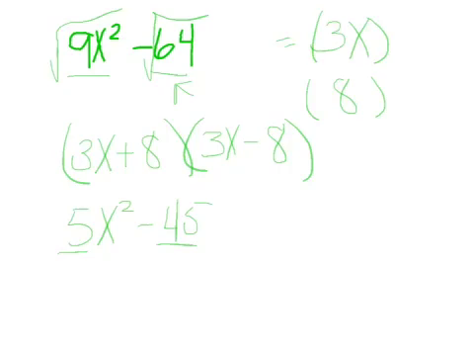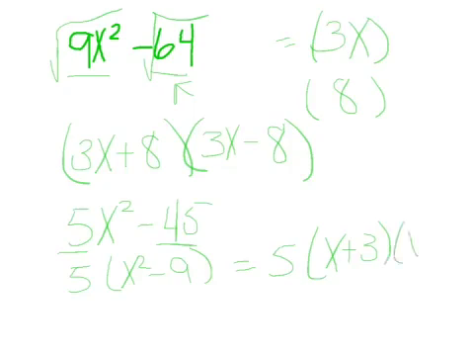But do you see that I could take a 5 out of both of them? So I need to factor out a monomial first. And that'll leave me with 9 here, which is the difference between two squares. So when I factor that out, I will have plus 3, x minus 3.